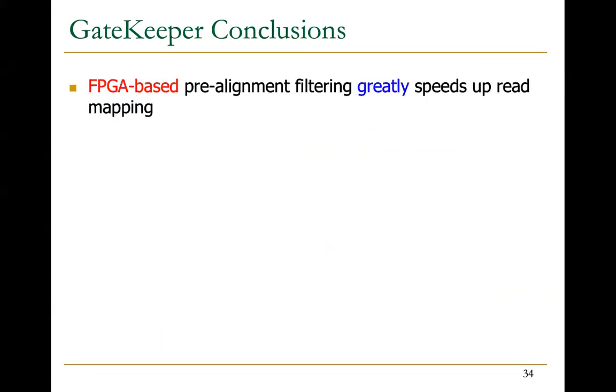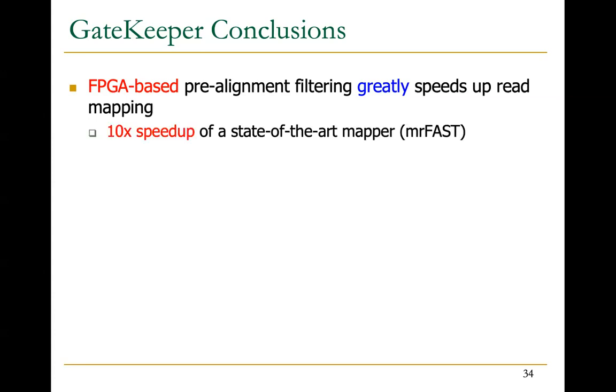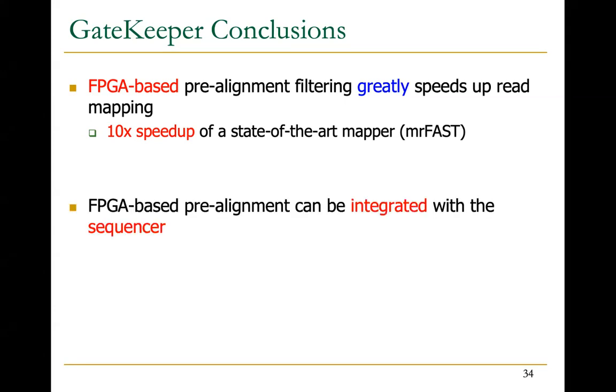The FPGA-based pre-alignment filtering greatly speeds up read mapping, providing about 10x speedup compared to mrFAST. It was state of the art at that time. Now we have Minimap2, for example, but we don't know how much speedup compared to that. The FPGA-based pre-alignment filtering can be integrated with existing sequencers.